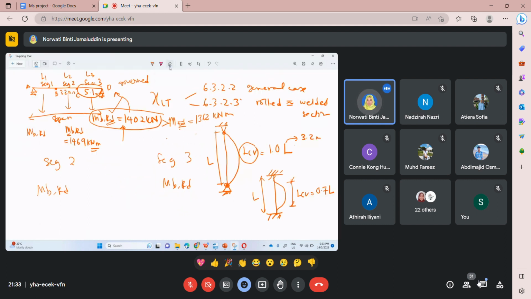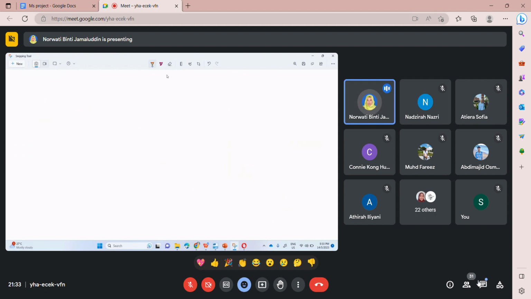You can manipulate any equation. The most practical equation is the bending moment equation, MRd, because this is about beam, right?